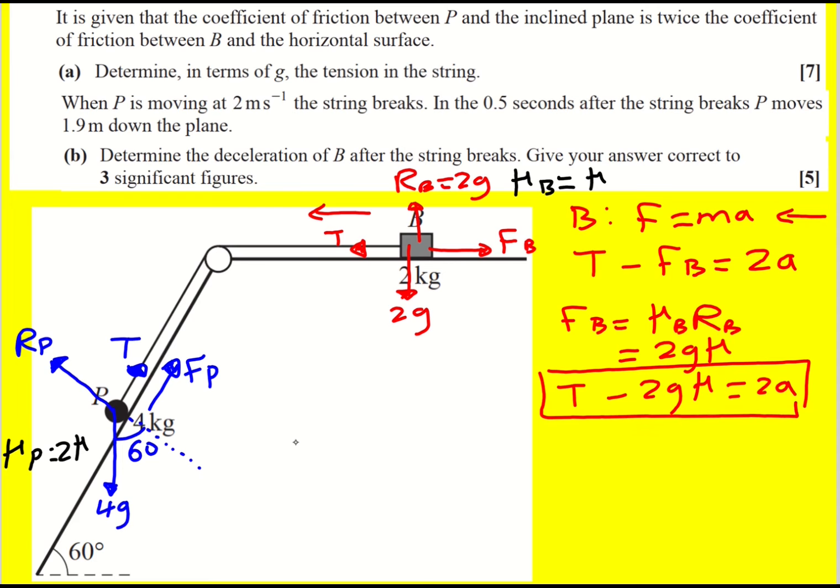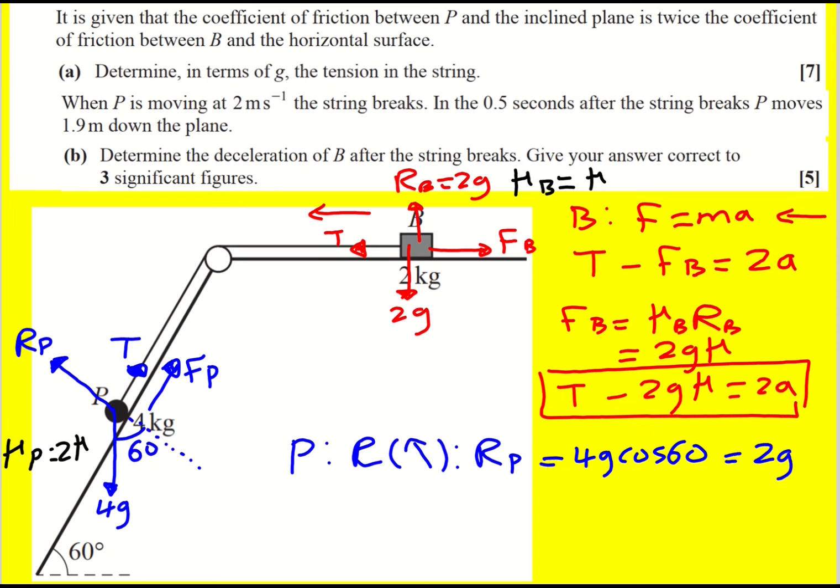Now let's look at P. Similar sorts of things again. So now I'm going to resolve perpendicular to the slope. There's no acceleration in that direction. I'm going to get that RP is equal to 4g cos 60. Those are the only forces perpendicular to the slope. Cos 60 is actually a half, so RP is in fact 2g.